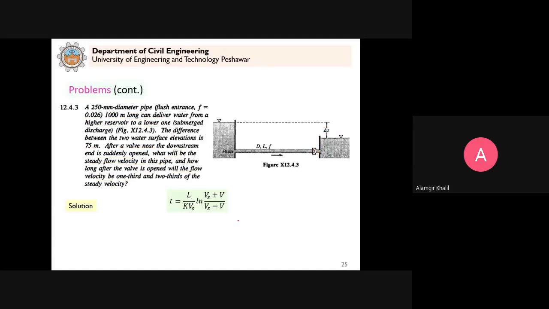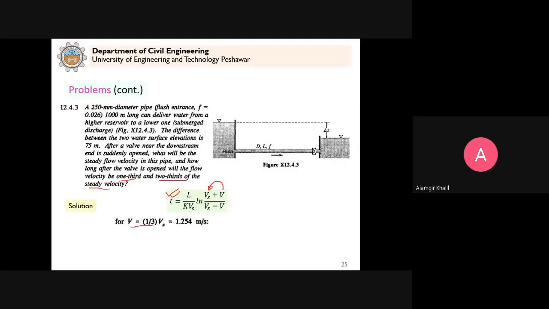Now it is asked what is the time that we will approach Vs, the steady state velocity? How much time? This we developed in the last lecture. 1/3 of this. How much time will it take for the velocity to approach the steady state velocity? And 2/3 of the steady state velocity.